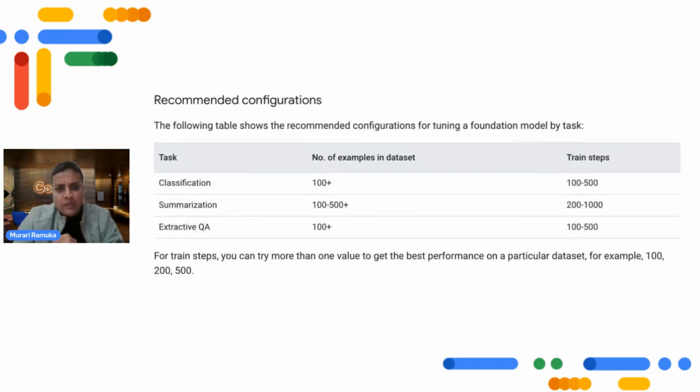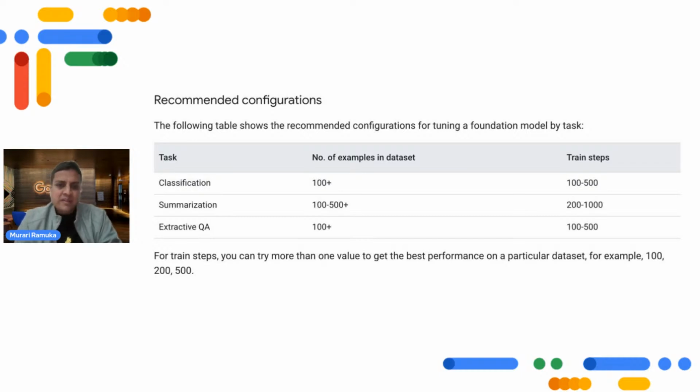Quickly moving forward, this is a recommended configuration when you create a tuning job on top of your foundational model, right? So for a classification type of use case or task, you might need 100 plus examples in the data set, and the training steps could be 100 to 500.